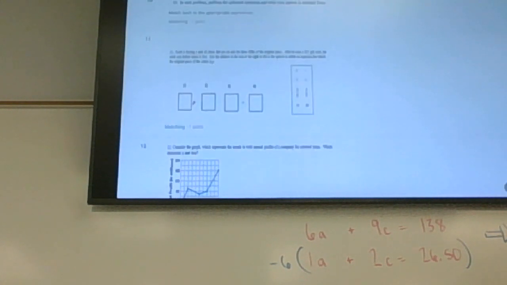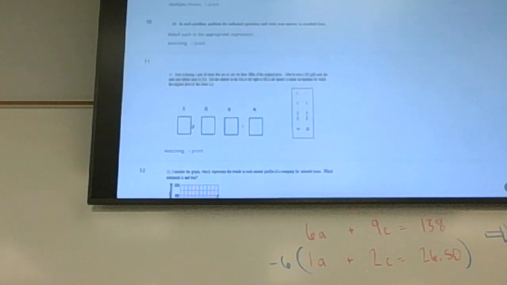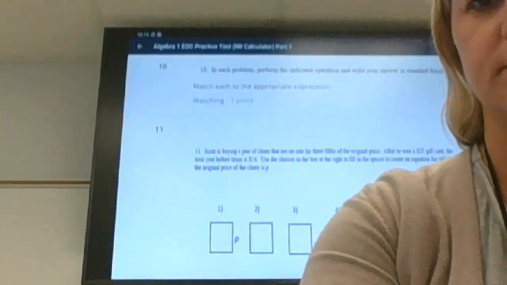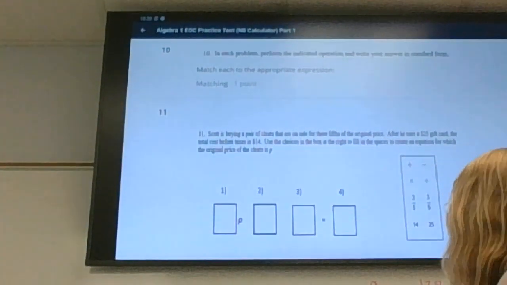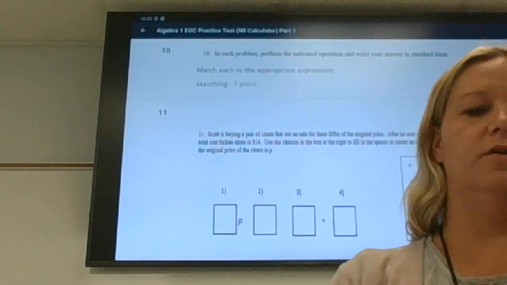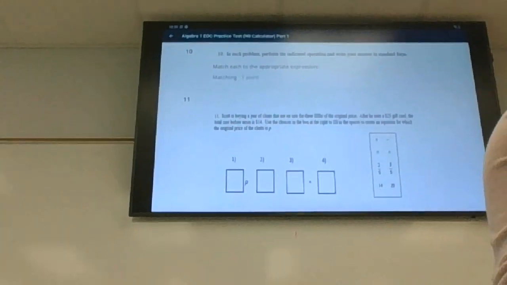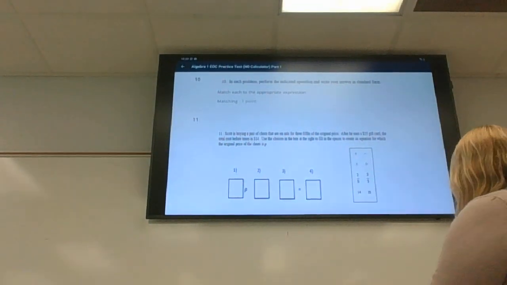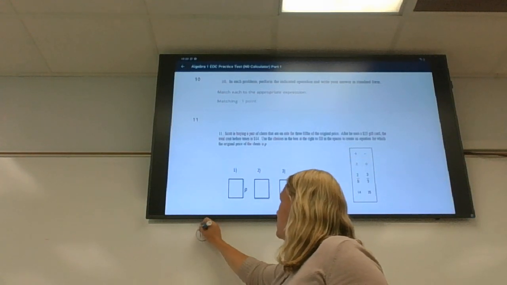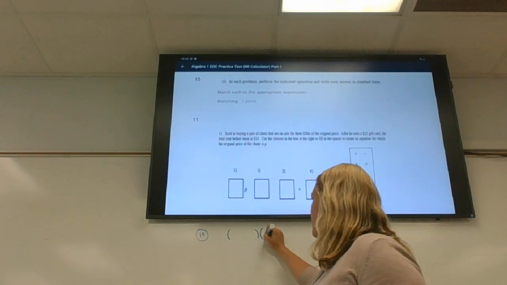No, I did number 10, I'm pretty sure. For whatever reason, it's easier for you guys to see the problems than me. Can someone read what number 10 looks like? It looks like this, right?